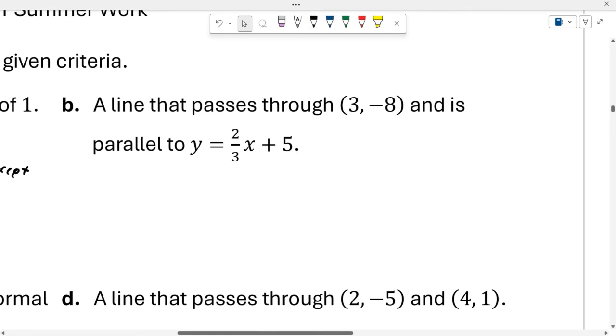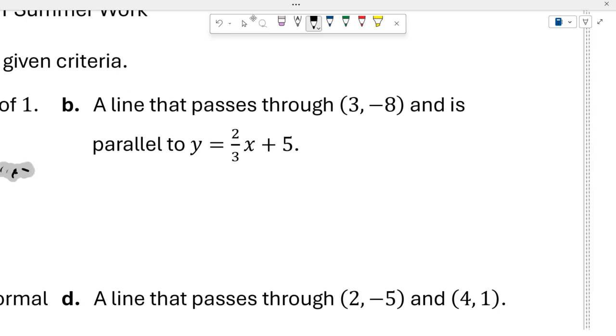4b, a line that passes through (3, -8) and is parallel to another line with an equation of y equals 2/3 x plus 5. So we need to pull some information from what we're given. First of all, if the line that we care about is parallel to this line, it means that it has the same slope, right?